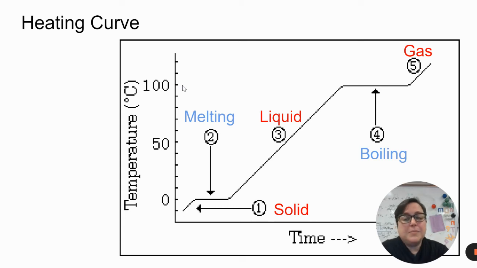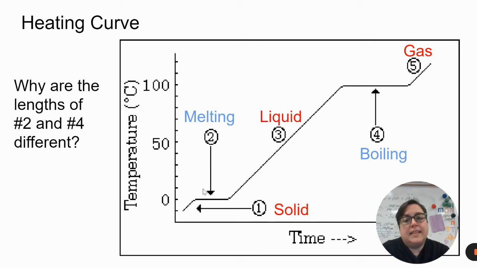So because the melting point is 0 and the boiling point is 100, I know that this phase or heating curve is for water, because water is the only one that would have those two temperatures. Other substances are going to melt and boil at different temperatures, which is why you just have to trace those plateaus over to the y-axis to determine what the boiling and melting points are.